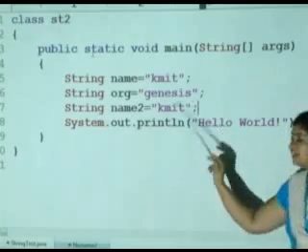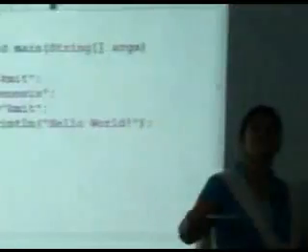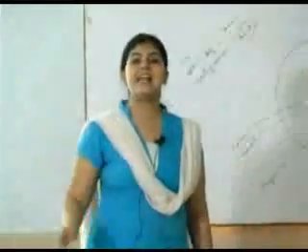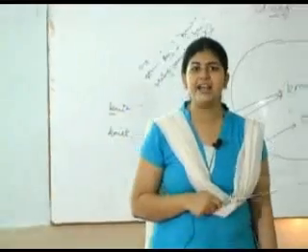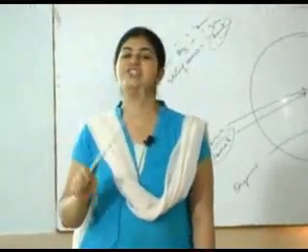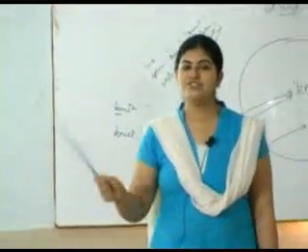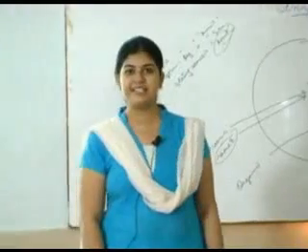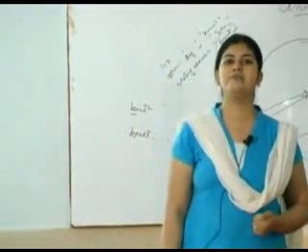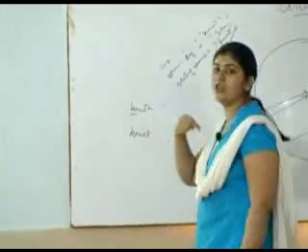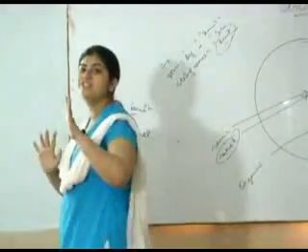But before creating KMIT, it would search in the string constant pool and ask, do you have an object which has the value KMIT? The string constant pool is going to reply saying, yes, I have an object which is the same as what you're trying to create. What would the JVM do?